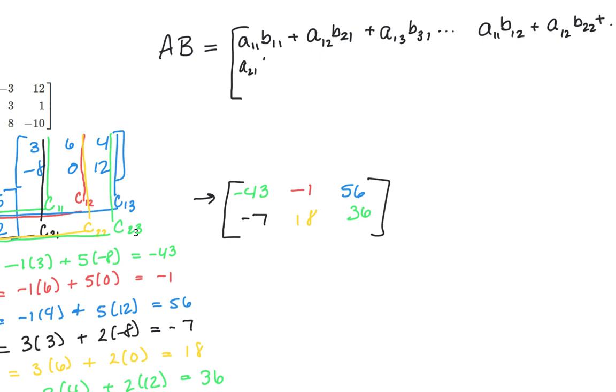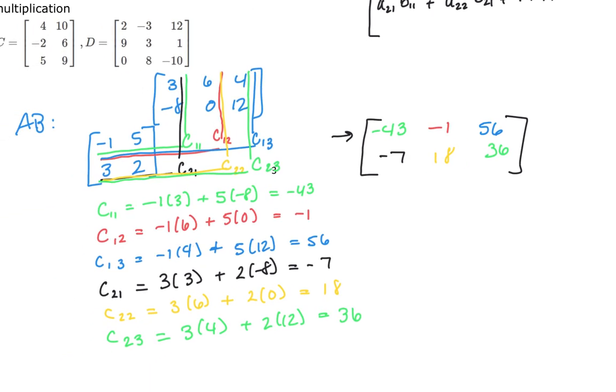The first column is the B11. The next entry in my second row in A is A22. The next entry in the first column in B would be the B21, and I'd add these together, and you can see the pattern.